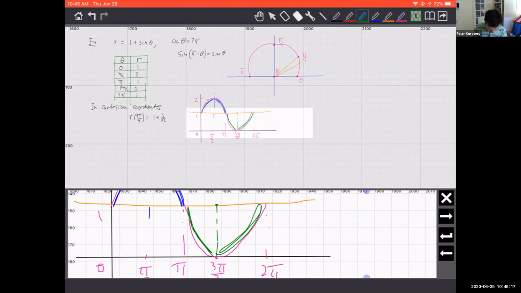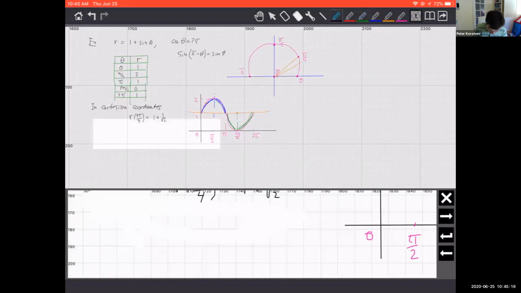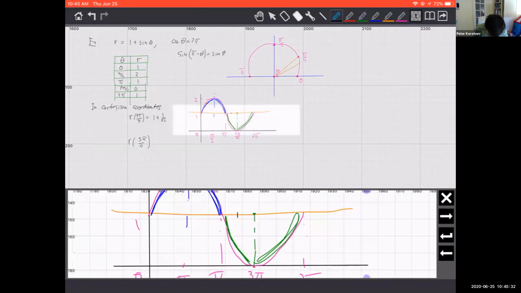So let's see what happens when theta is equal to 5 pi over 4, which is halfway between pi and 3 pi over 2. It's pi plus 1/4 pi, and it's this point over here.